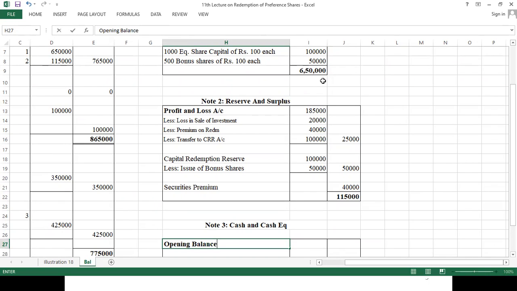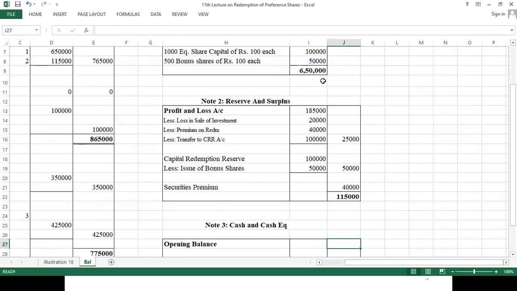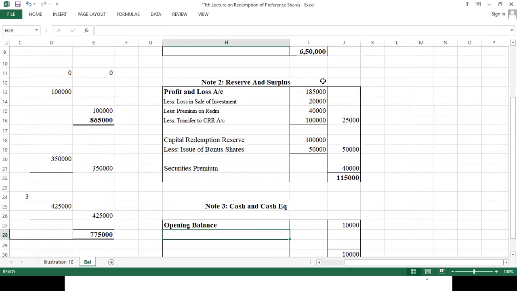Now let's see cash and cash equivalent, starting with opening balance in bank. How much we have? 10,000. Now we are going to add, first of all, sale of investment. From sale of investment we got 1,80,000 rupees, and then we went for issue of shares.